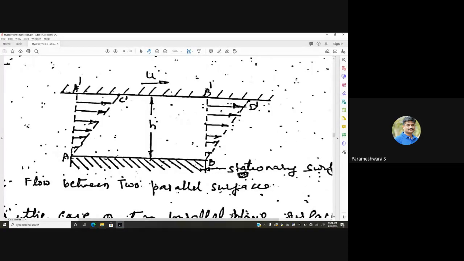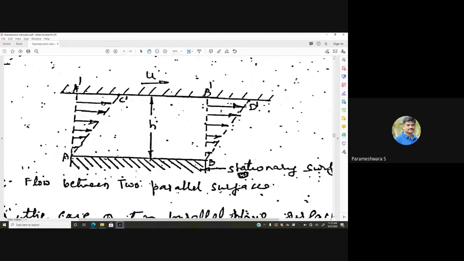So under these conditions, the volume of fluid flowing across section A A dash in unit time is equal to that flowing across section B B dash. And the velocity of flow of the oil film in any plane is proportional to the distance from AB.